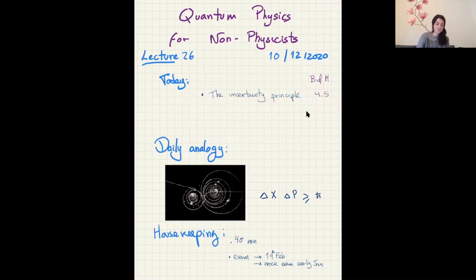And our daily analogy for today is kind of a cheat. It's not really an analogy, it's the actual thing. What you see here in this picture is a picture from a bubble chamber. This is a big chamber where there's some kind of liquid, usually something like liquid hydrogen, H2, but in liquid form.